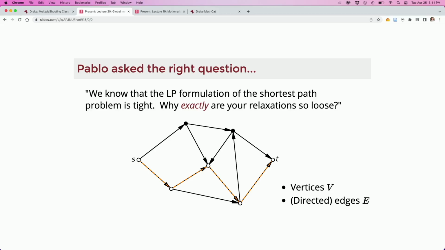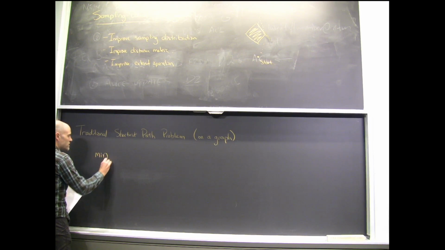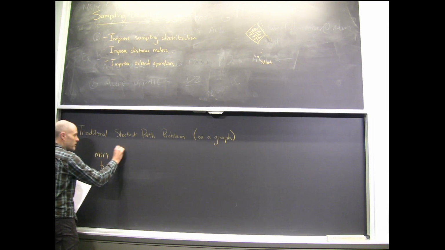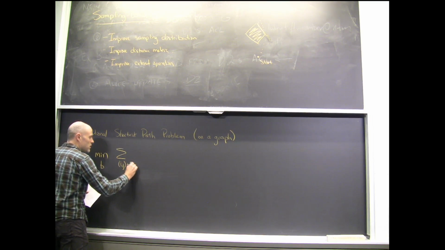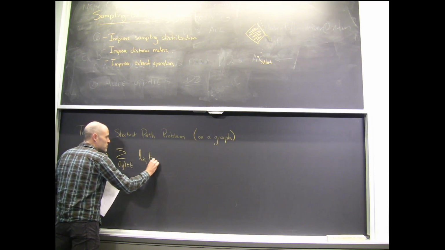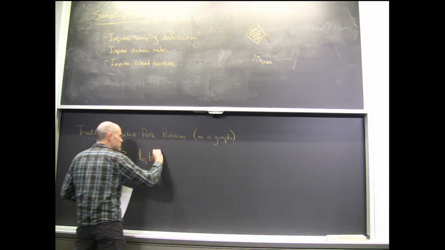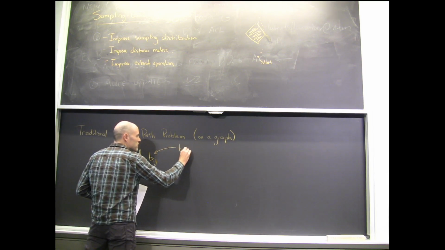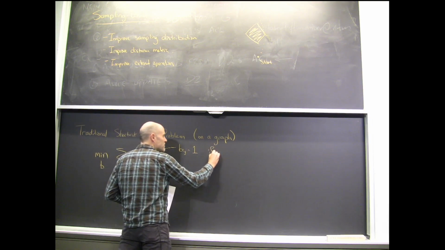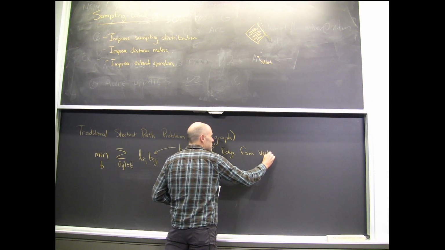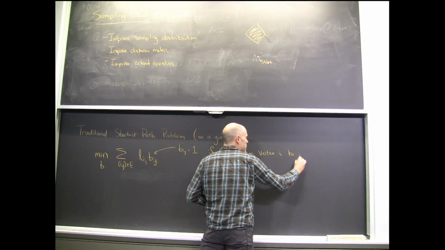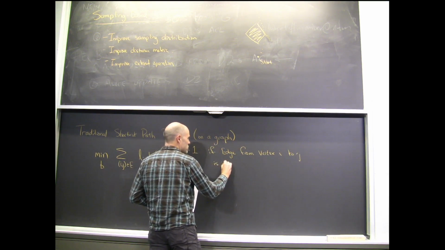The way it goes is if I say that my costs on my edges are just my costs L, let's say. So if I say let's minimize over some binaries B. Okay, I'm going to use Bij equals 1 if the edge from vertex I to J is in the shortest path.